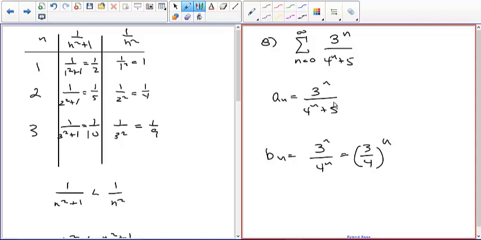I'd set up a table, try a couple of values of n, and there's no reason to believe that if this inequality applies for the first few values, it's going to change for the subsequent values. So let's just do that.